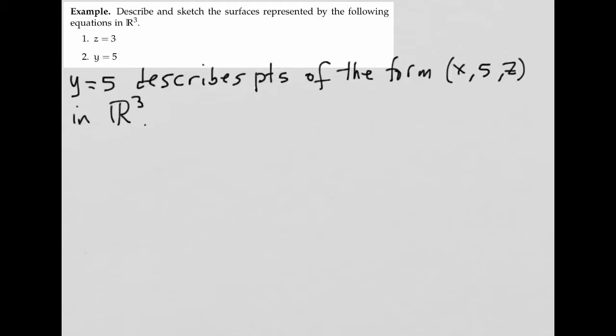In other words, y equals 5 describes all of the points whose y coordinate is 5. This also describes a plane in R3 that goes through the point (0, 5, 0) and is perpendicular to the y-axis. Let's see how that looks.